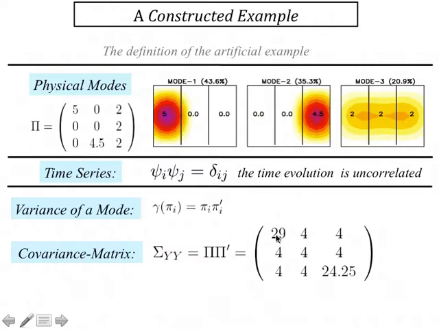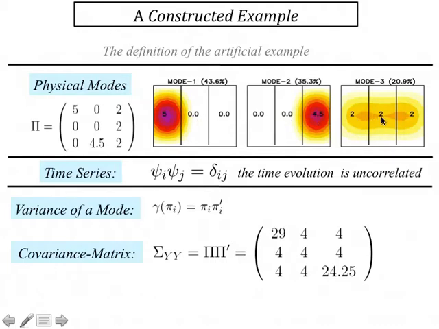So again, on the diagonal of the covariance matrix we had the variance at each point. Let's start with the first point. This is the left point here. The variance at this point is the variance of this pattern plus the variance of this pattern here, which is 0. It's nothing. So 5 squared is 25, plus 0 is 25, plus this pattern, which is 4, is 29. So the variance at the first point is 29. The second point is the point in the middle. This one does nothing, is 0. This one is also 0.